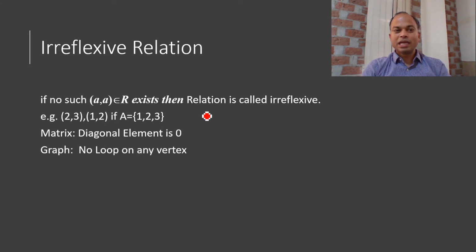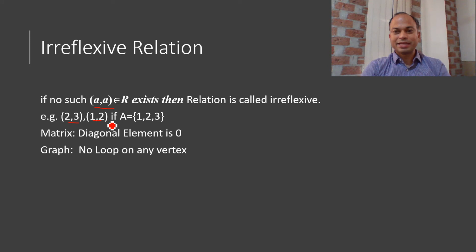If we talk about the irreflexive property, then if no such AA pair exists, such a property is called irreflexive property. For example, 2 3, 1 2 are valid examples. Here, an AA pair does not exist. Therefore, this is the irreflexive property.